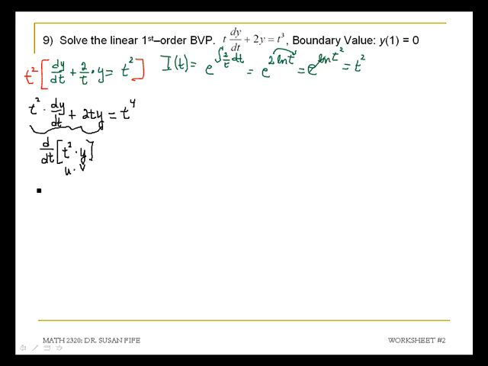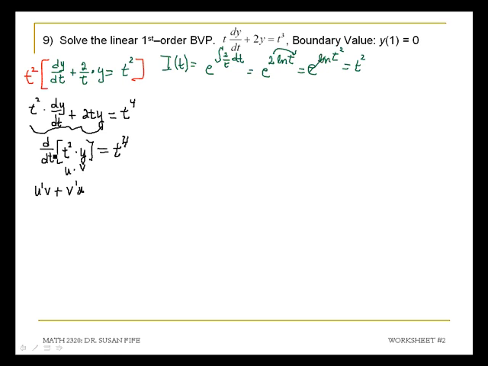The derivative of u times v is u prime v plus v prime u. U prime is 2t, so you get 2t times y. There's our 2t times y plus v prime u. The derivative of y with respect to t, dy dt, times t squared. And that verifies. Equals t to the 4th.